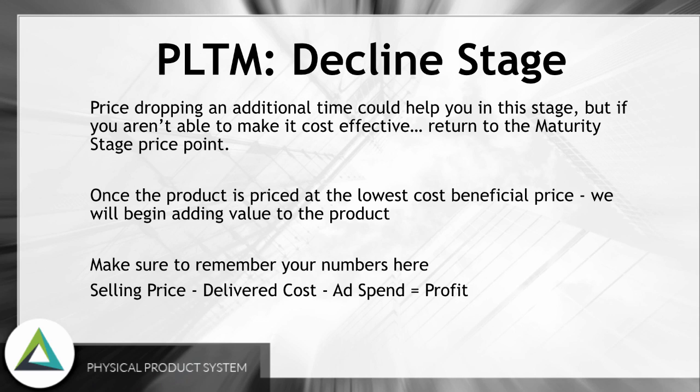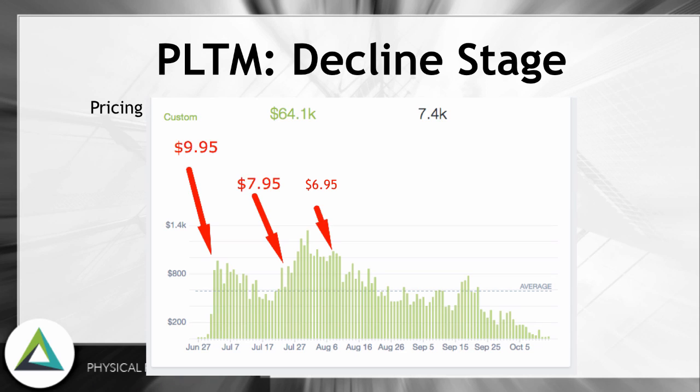So if you have a maturity stage price drop and you think you're moving into the decline stage, the key indicator is when you try to do another price drop and it doesn't pan out as a cost-effective measure for you. That's when the real big decline comes in. That's really around the August 20th point for me. I had one last great day, and then you can see the decline start happening over and over again.